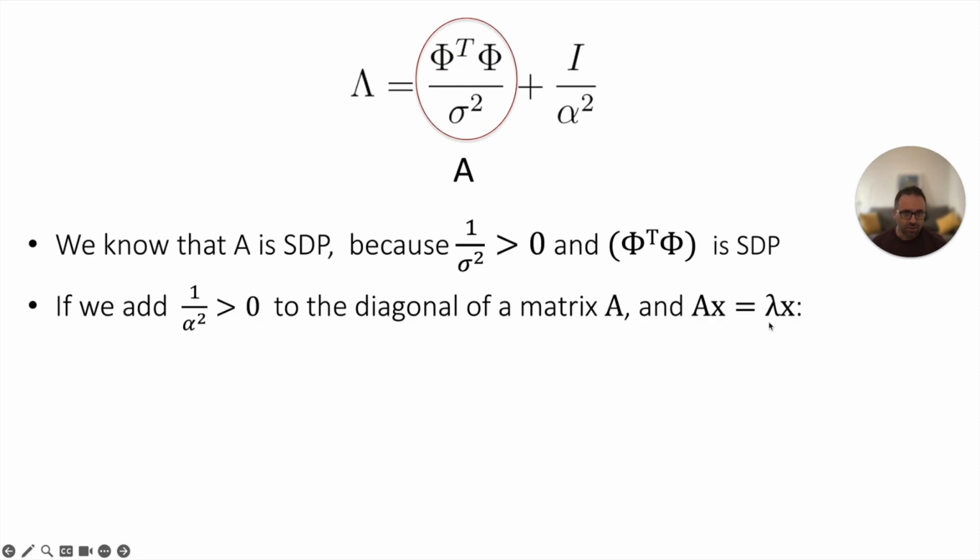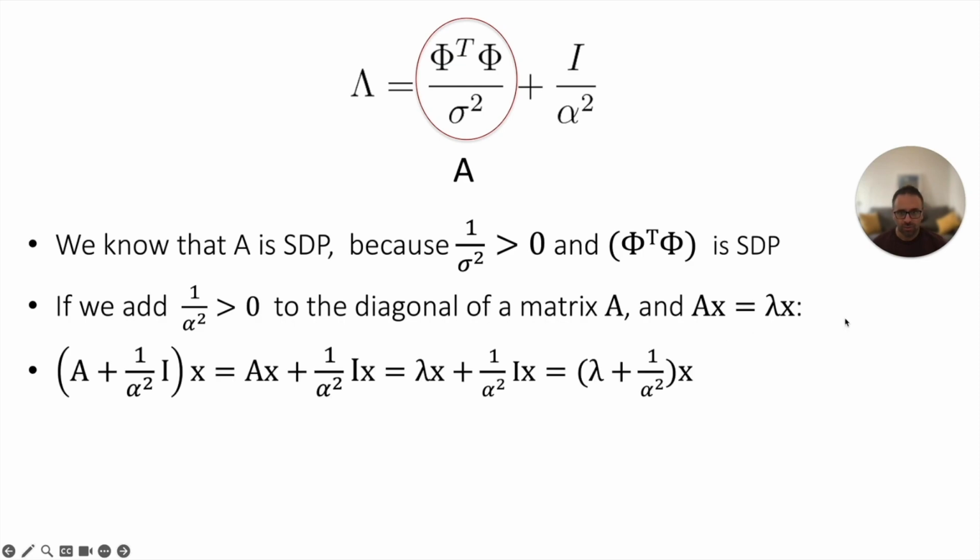And also, let's assume that lambda is an eigenvalue of A. And you know that this is the typical equation to calculate the eigenvalues and eigenvectors, right? So let's assume that lambda is going to be A's eigenvalue. What we can tell now is what happens if we calculate the eigenvalues of A plus this term here, the identity divided by alpha squared.